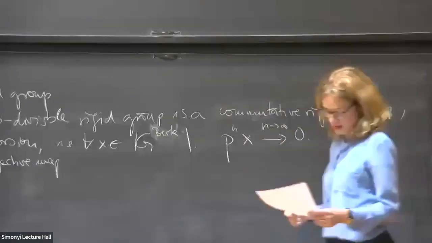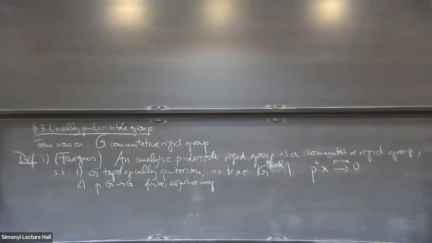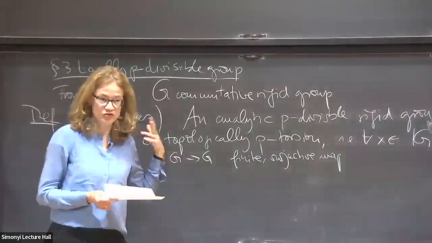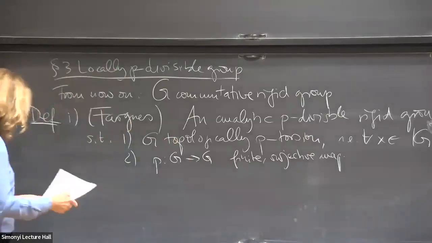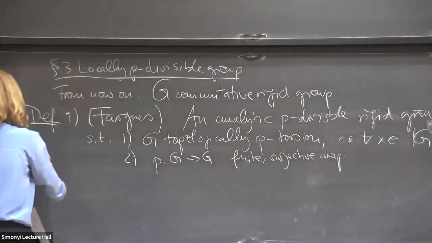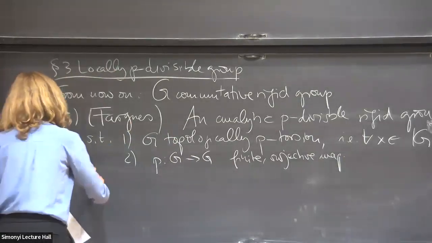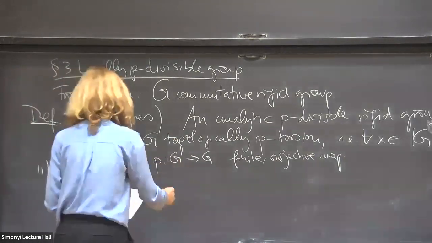Yeah, good. So we need something a little bit more general, because many groups we are interested in, for example G_m, are not topologically p-torsion. But we can work with commutative rigid groups which are locally of that type.